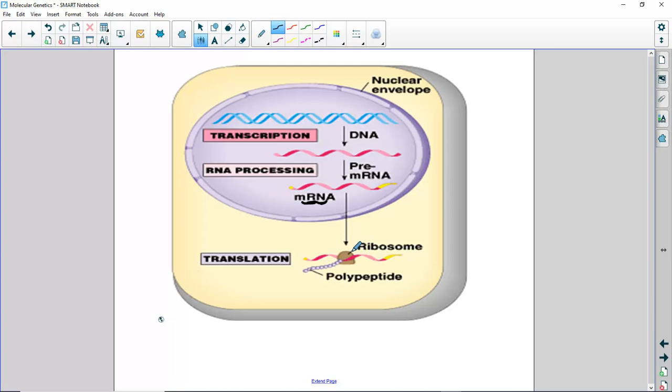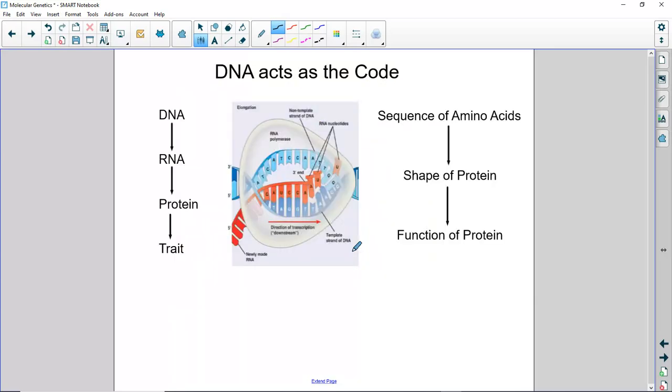So let's take a look at transcription right now. Remember, DNA is the code. DNA cannot leave the nucleus. It's unable to, because the molecule is too large, a double helix. So it transcribes onto RNA, which then is translated to make a protein, and then your gene is expressed.